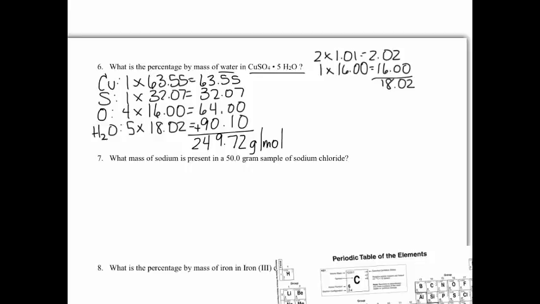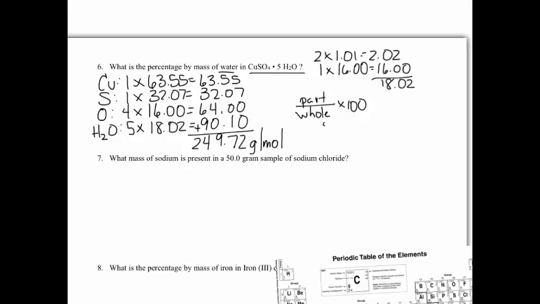Now, in order to figure out the percent by mass, it's mass of the part, this is on the back of your reference tables too, over mass of the whole times 100. In our case, since we're looking for water, we need the mass of all 5 waters.